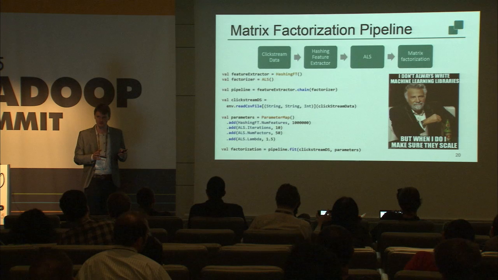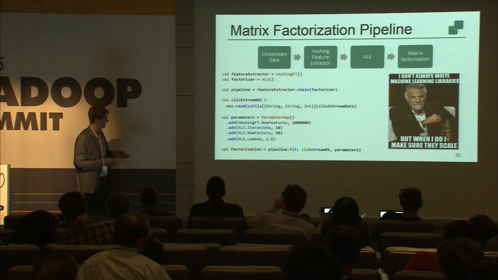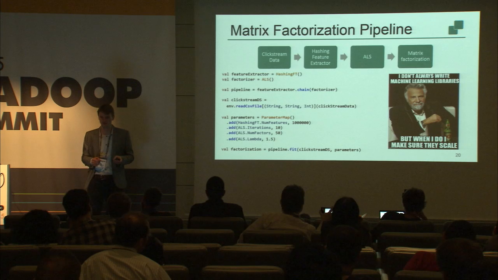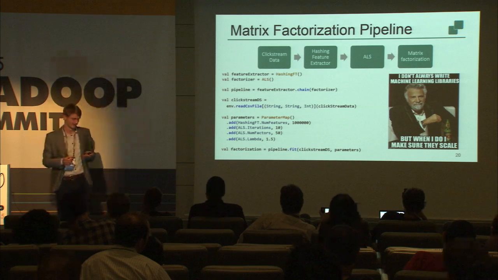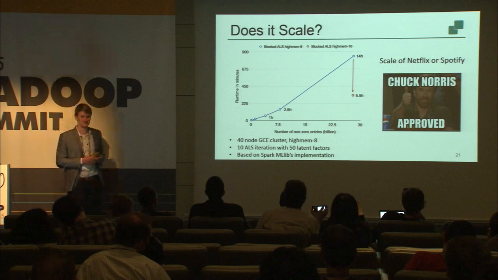Once this is done, the only thing we have to do is take the pipeline, apply the clickstream data and the parameters, and we get our factorization out of it. So that's really easy, right? Now you might ask, well, how does it scale, actually?